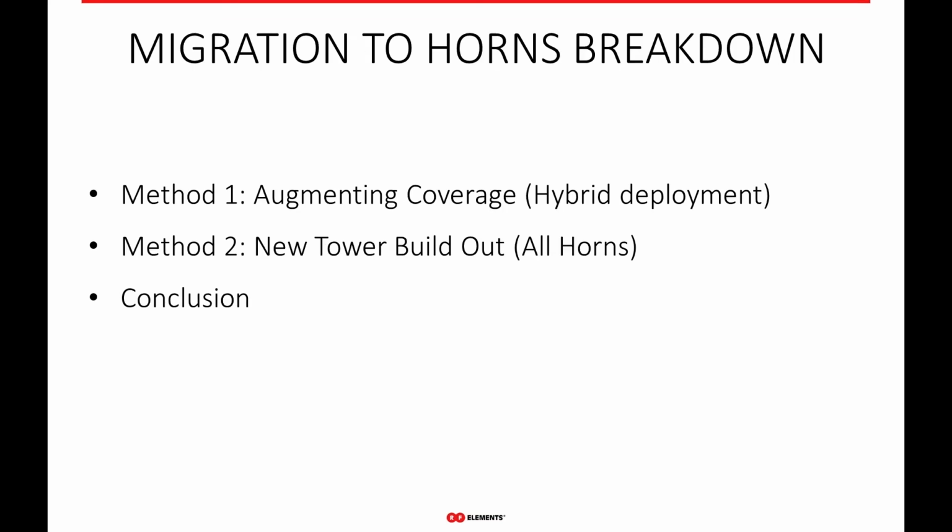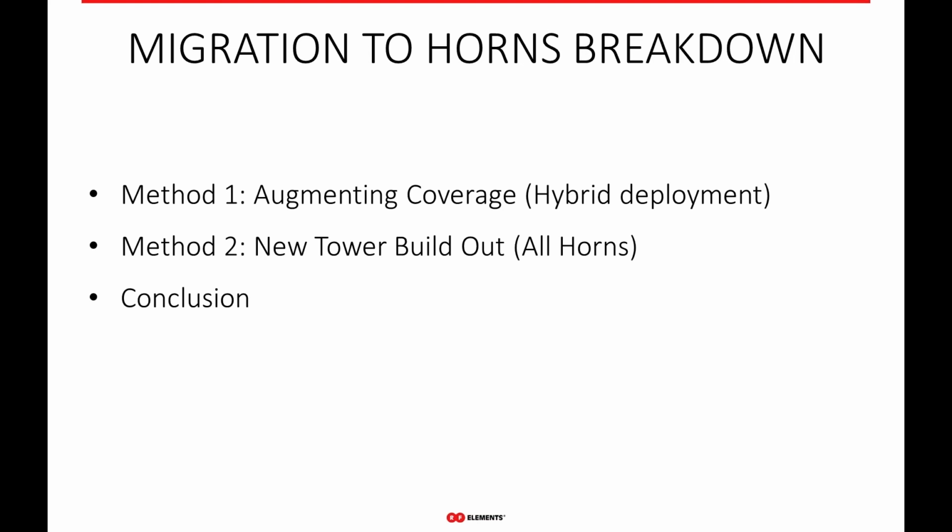Part of the breakdown that we'll do is two basic methodologies. The first method is augmented coverage, or the hybrid deployment. This is the scenario where you have your traditional sectors or your current sector technology, and you use horn antennas in conjunction to augment the coverage patterns that you have, to help fill in gaps and do other things.